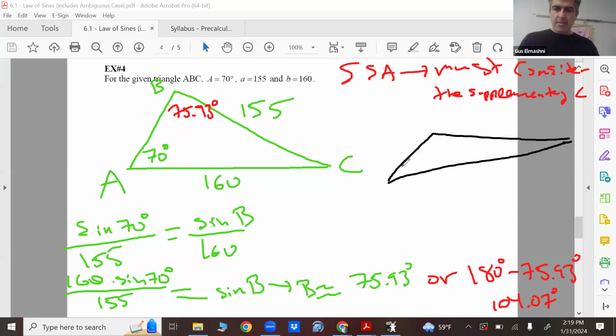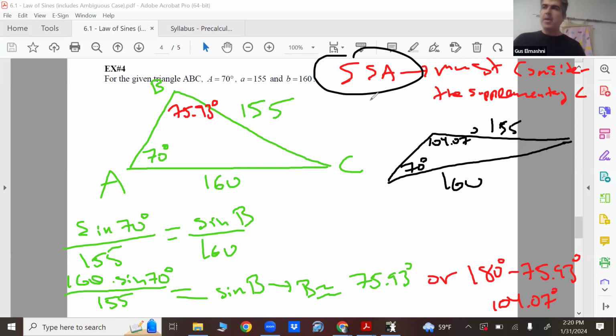So it could look like this. That's totally a possibility. So we say that this is ambiguous because there's another possibility that could work. It's a pain, but you have to go through the motions and solve each case separately. Yes, 100%, it can happen. You have to check.